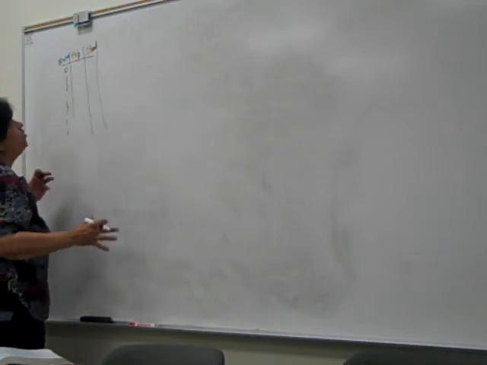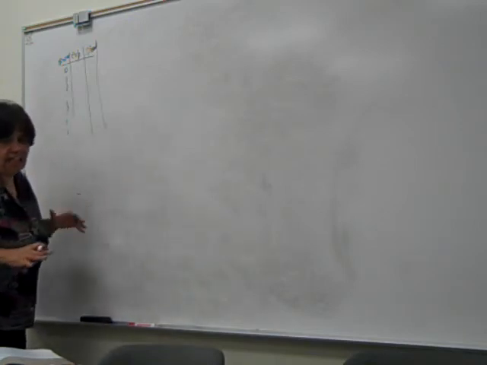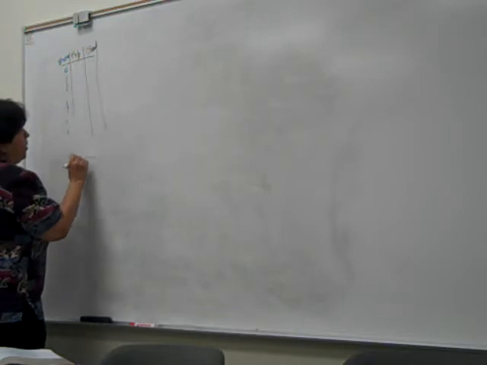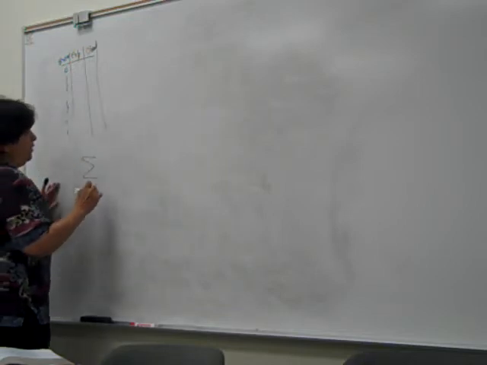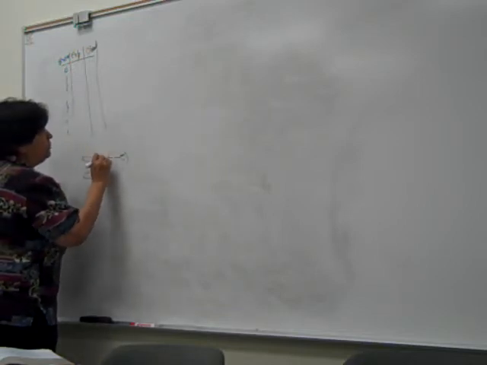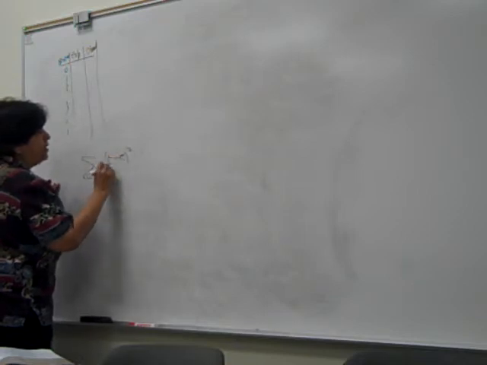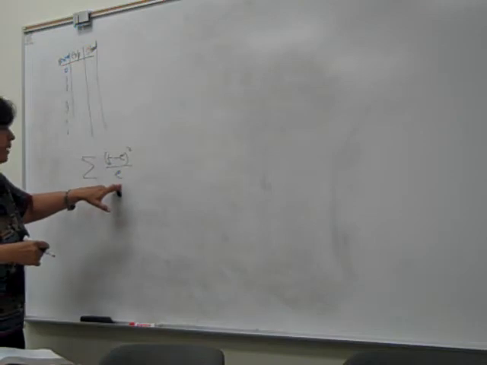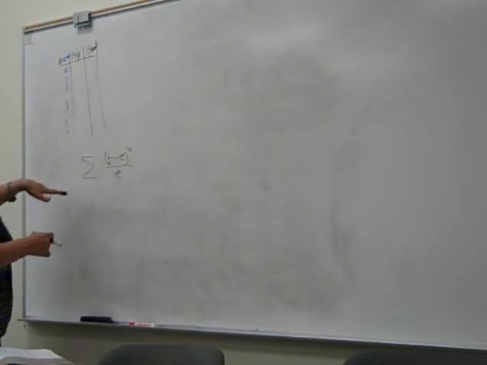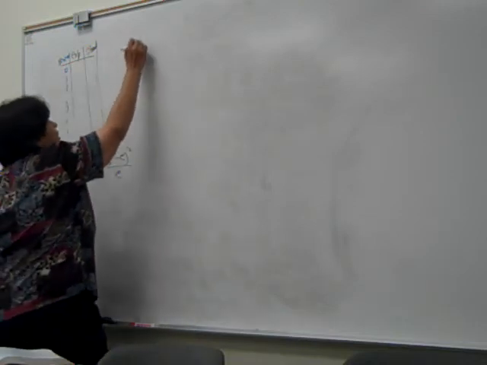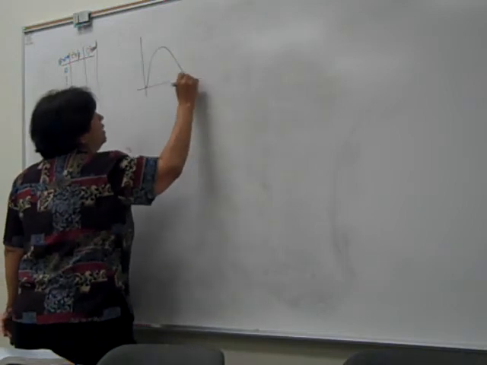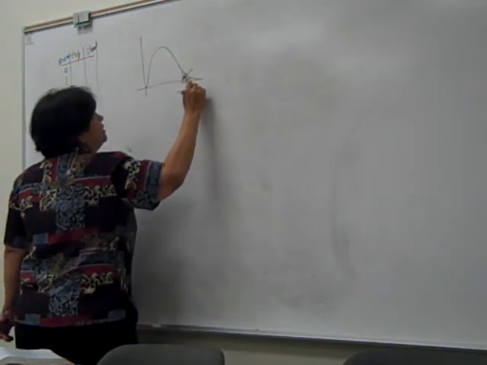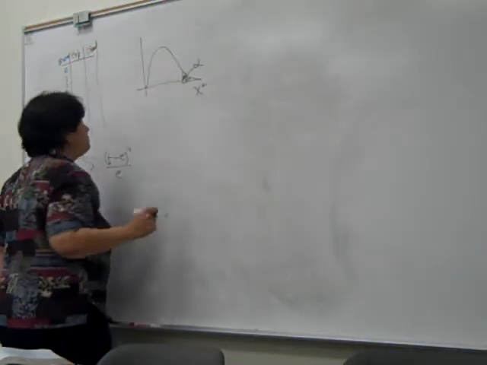And what we are going to do is exactly the same: the summation over each category of observed frequency minus expected, squared, divided by expected, and we compare with a chi-square. This is the chi-square, and this is alpha.